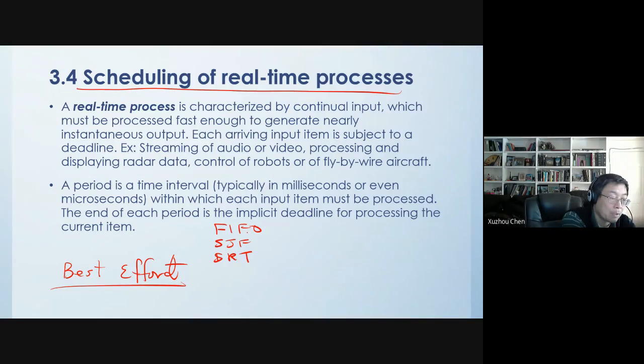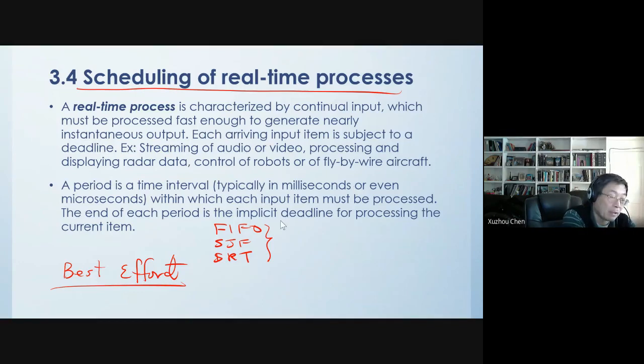Now, I hope that you should be able to, if I give you a couple of processes and the CPU time for each of the processes, calculate the total CPU time based on each of the scheduling algorithms.